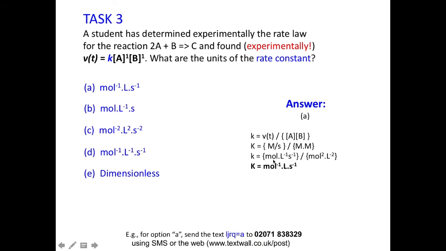So if you do this operation, you find that k, this should not be capitalized, sorry, this is a small mistake, this should be a small k. The units are mole minus 1, liter, second minus 1. So this is the correct unit for specifically this rate law, which was experimentally determined for this reaction.